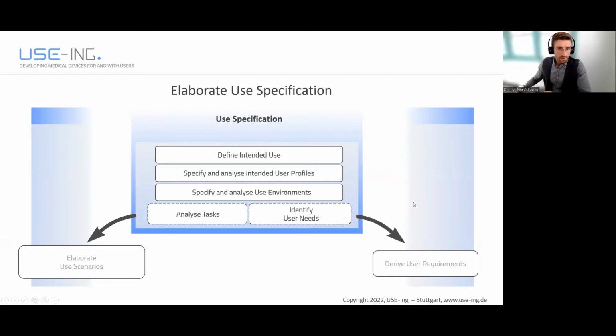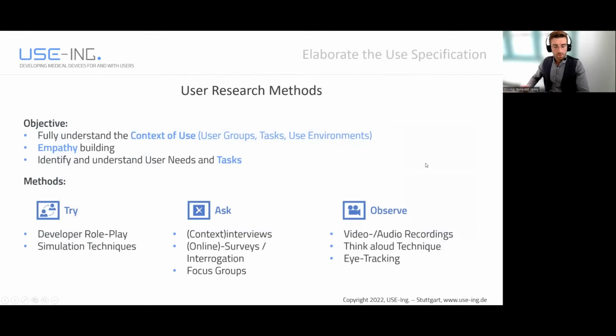So the objective within our use specification is to perform user research activity and get a strong and fundamental understanding of the behavior of the tasks performed by our users and the needs that can be derived from it. So actually, at the same time, it's the basis for our formative and summative usability evaluations.